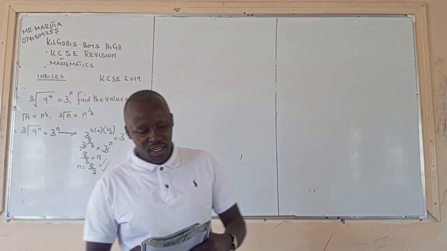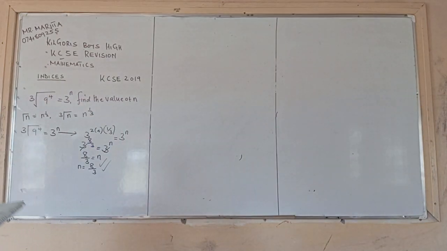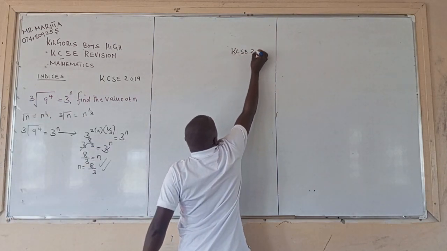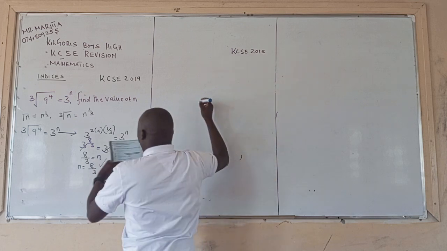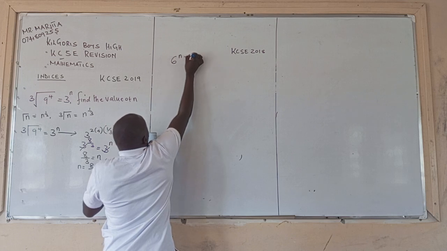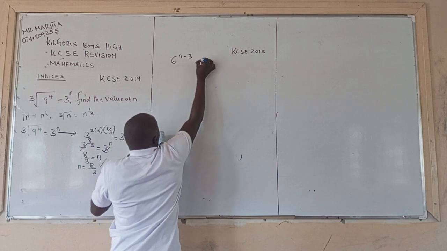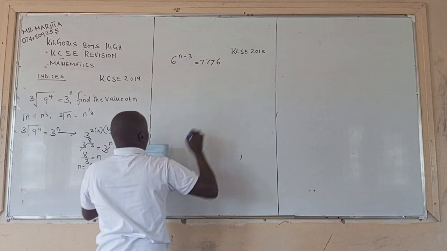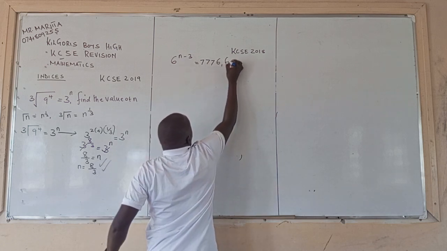We look at another question, that is KCSE 2018. In KCSE 2018, we have been given that 6 raised to n minus 3 is equal to 7,776.